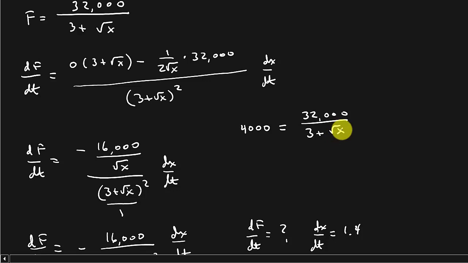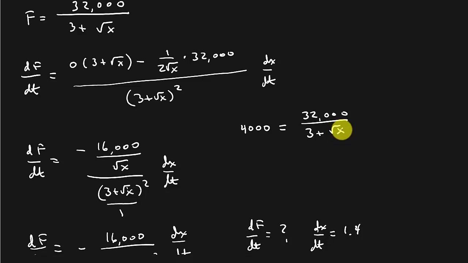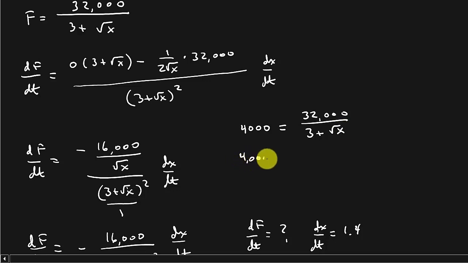And so what does that give us? That gives us 4,000 times (3 plus square root of x) equals 32,000. So 3 plus square root of x is equal to, I'm going to divide everything by 4,000, so that's going to equal 8.